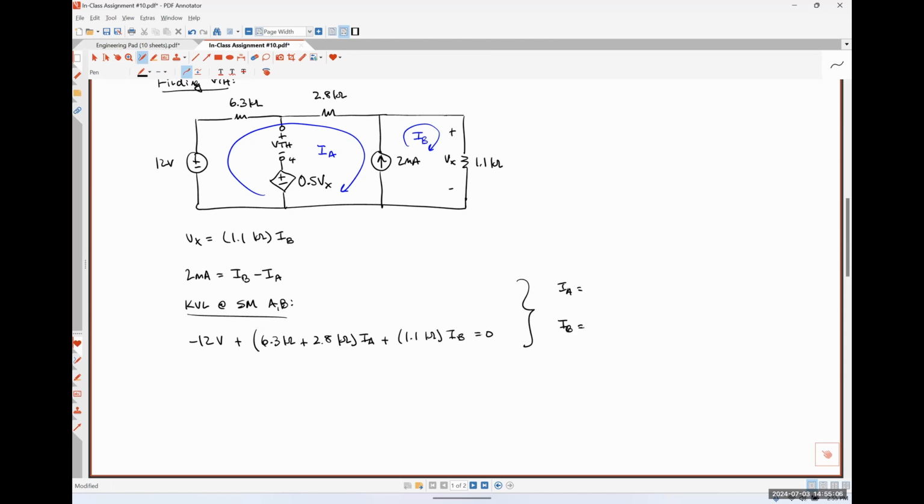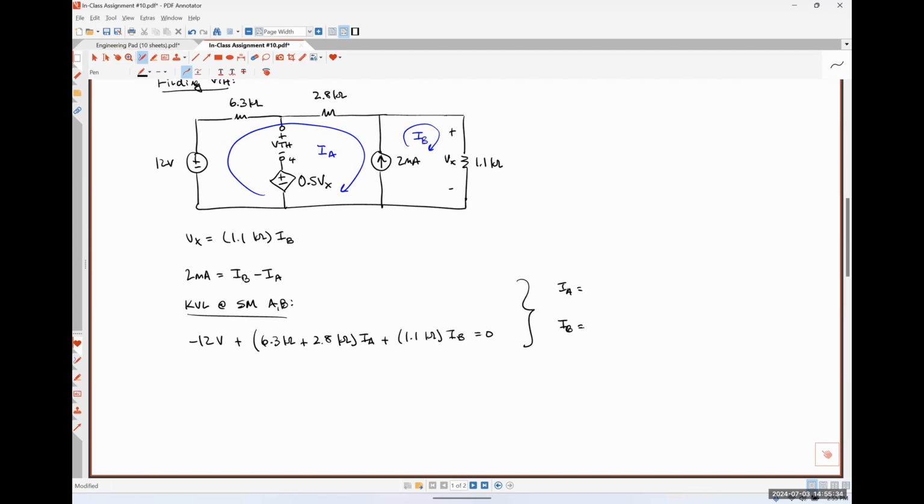So I'm going to do that really quickly. My first equation, my coefficient for IA is negative 1. My coefficient for IB is positive 1. And my constant term is 0.002. And my second equation, my coefficient for IA is 6,300 plus 2,800. My coefficient for IB is 1,100.